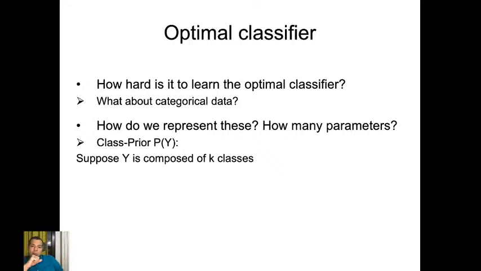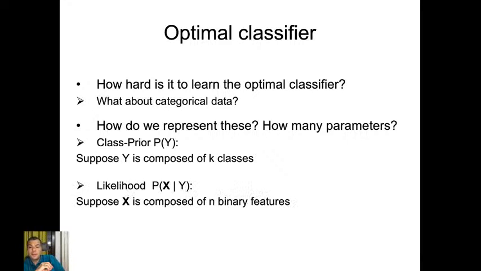So how many parameters will this model have? So let's suppose that we have a class prior. So suppose that we have k classes, and we have the likelihood. So given a class, we know what X looks like.